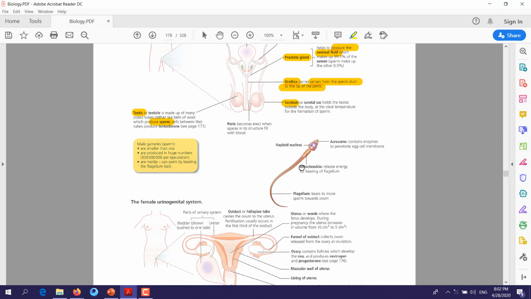It has mitochondria to provide it with energy, because sperms swim, which means they move, and this movement needs energy. The sperms get this energy from the mitochondria. And the last part is the flagellum. When it moves, it helps the sperm to swim.